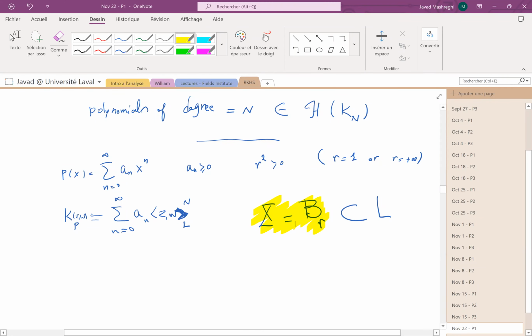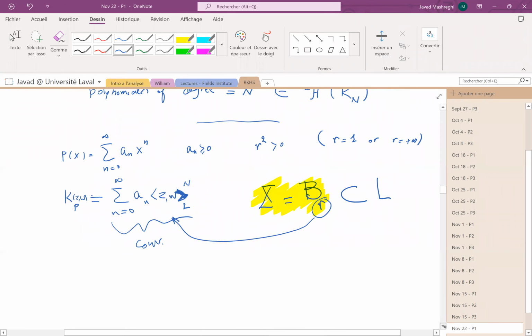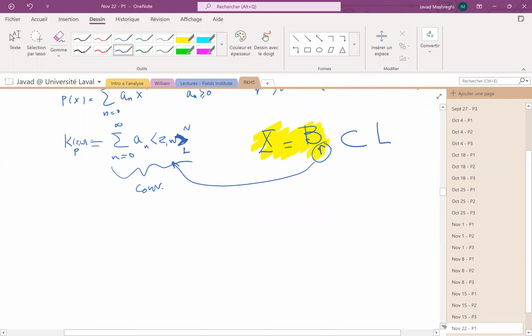The series is not convergent. B_R is considered to ensure that this series is convergent. That is why our set X is different in this case. So this we need to keep in mind.